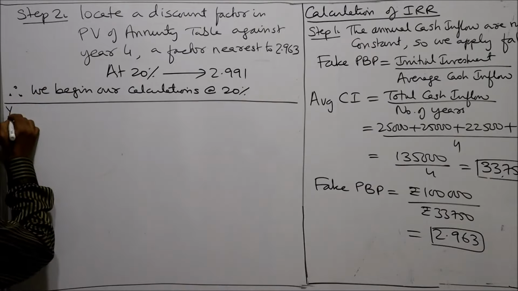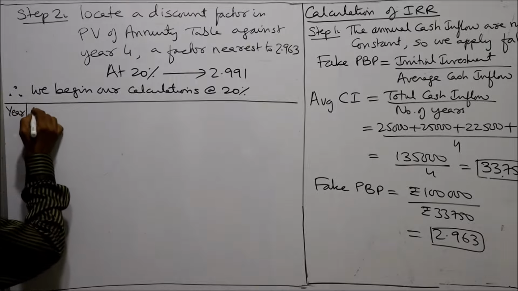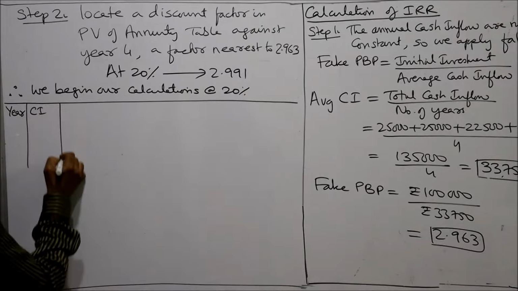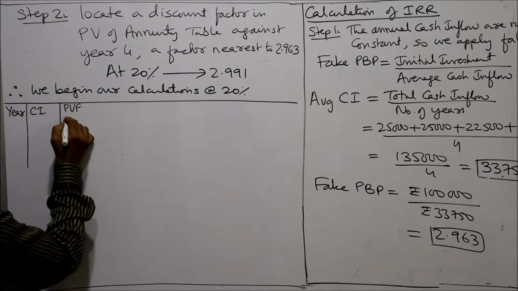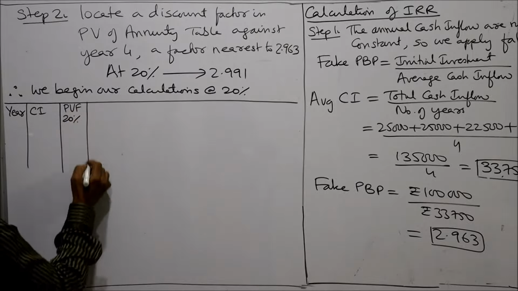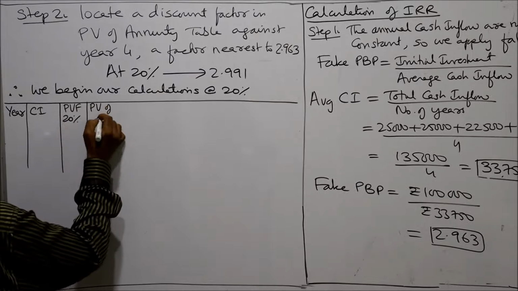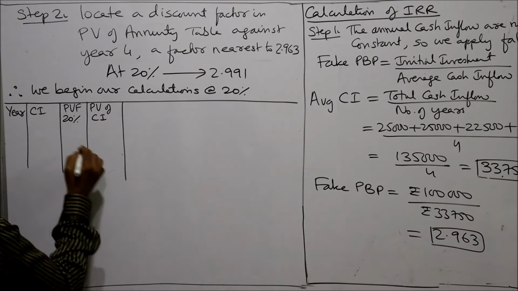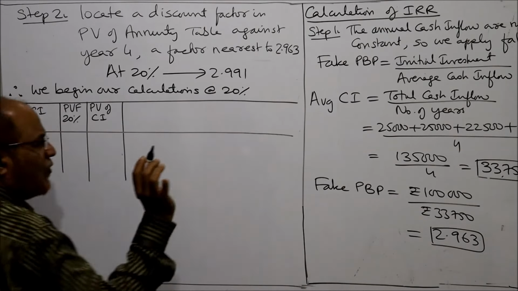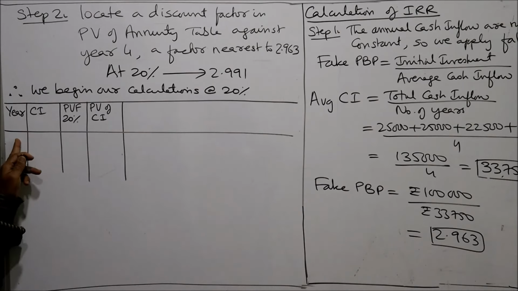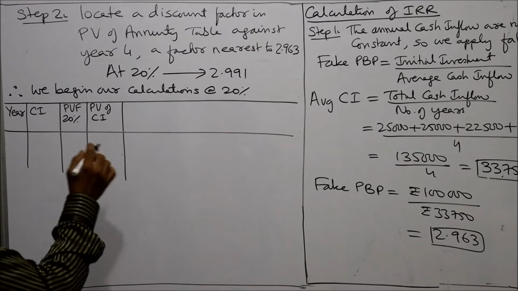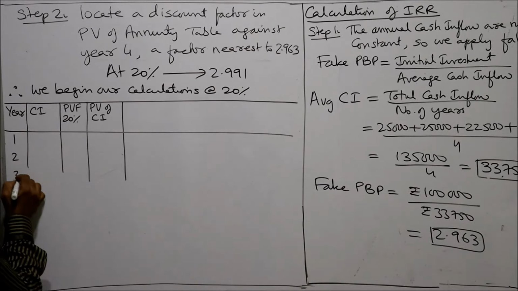Here carefully you see year column, cash inflow column, PV factors 20%, then PV of cash inflow. See here, 4 columns I am drawing here. The first column year, second column cash inflow, 1, 2, 3, 4.